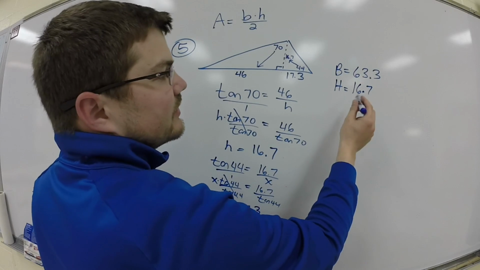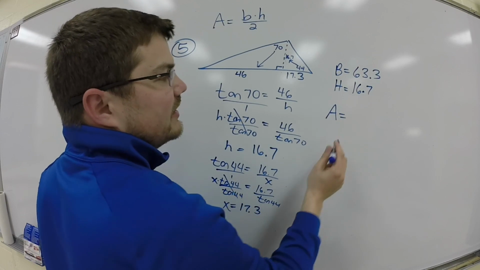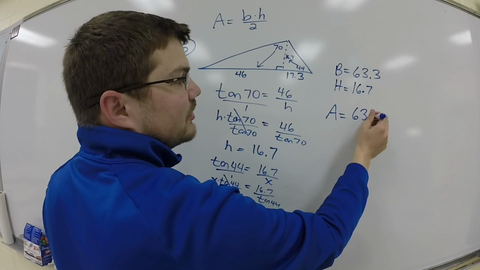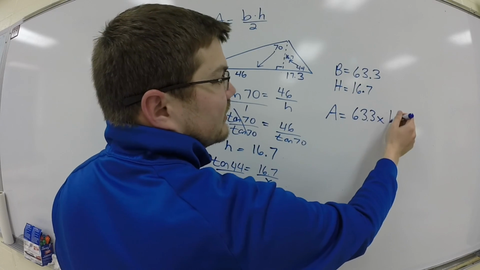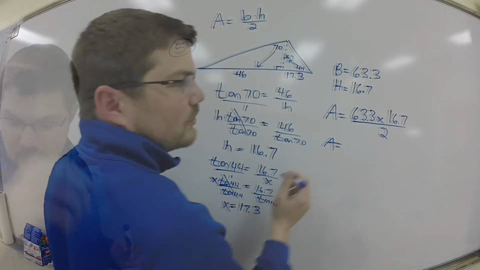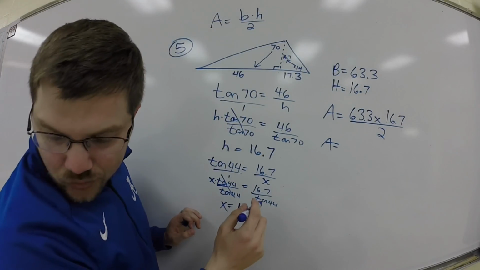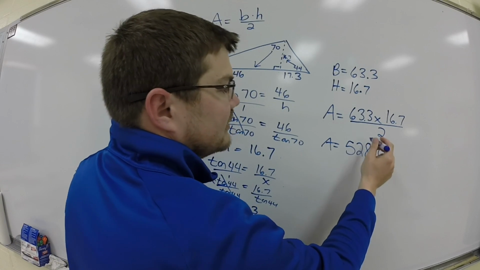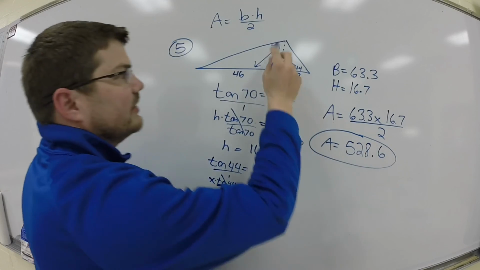So now let's plug in the area formula. Area of a triangle is our base times our height. So 63.3 times 16.7, and that divided by 2. So let's see what we get. Okay, plugging that in, I get 528.6 to the nearest tenth is the area of this triangle.